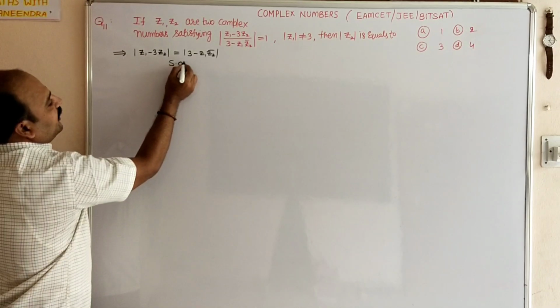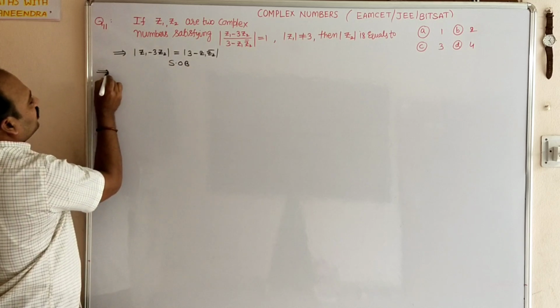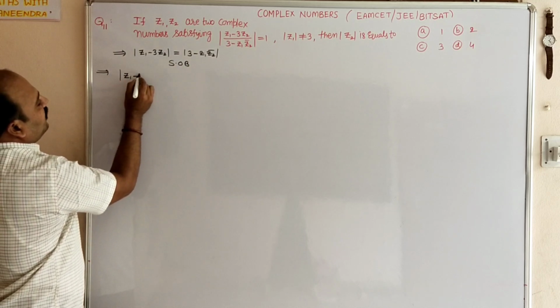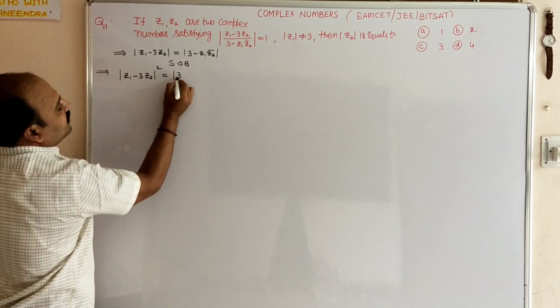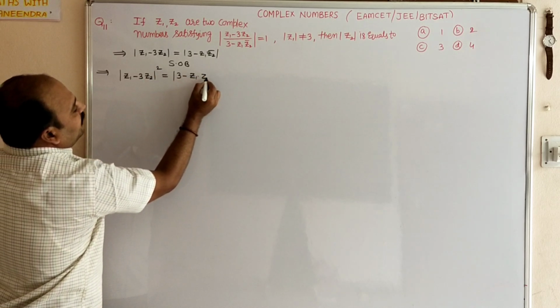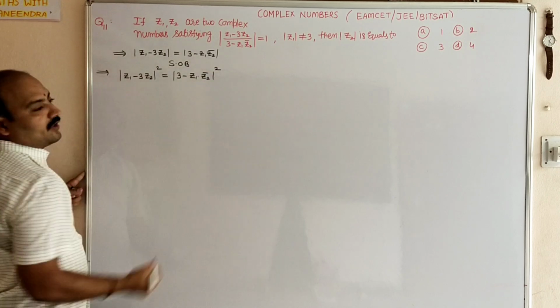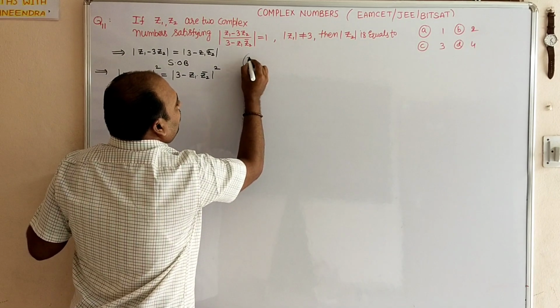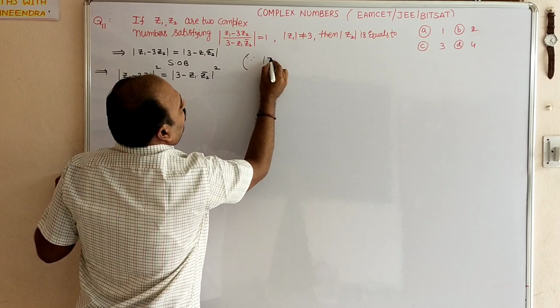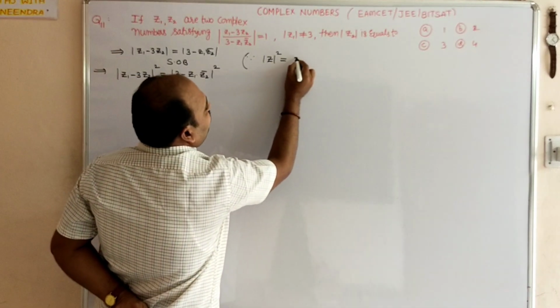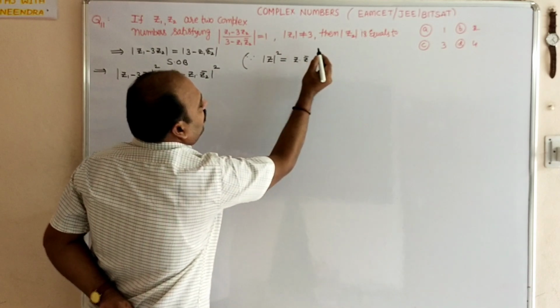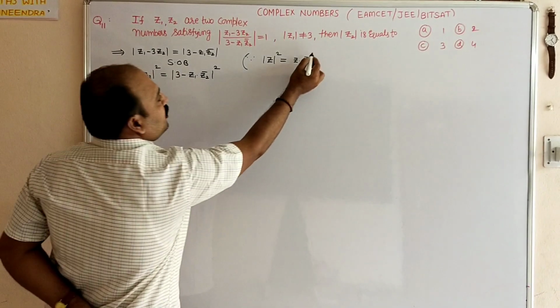Squaring on both sides, mod Z1 minus 3 Z2 bar whole square equal to mod 3 minus Z1 into Z2 bar whole square. We know that in complex numbers, mod Z square can be written as Z into Z bar. This is one of the important properties.